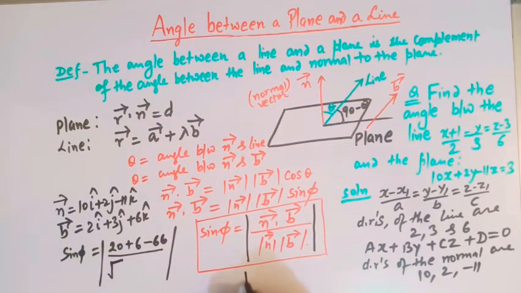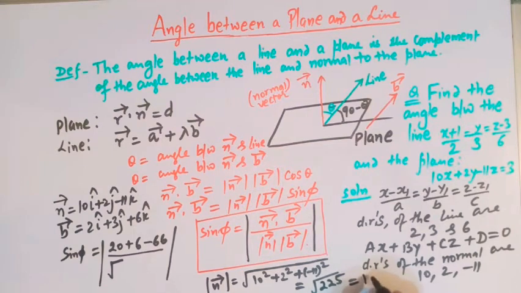The magnitude of vector n is square root of 10 square plus 2 square plus minus 11 square, and if we calculate this we get square root of 225, which is equal to 15.